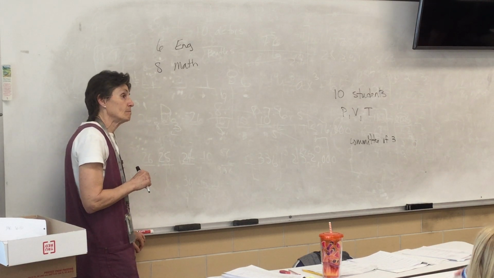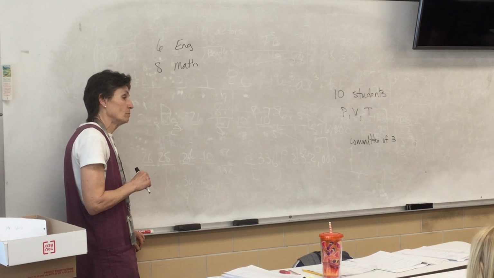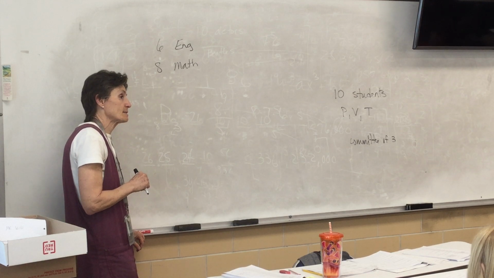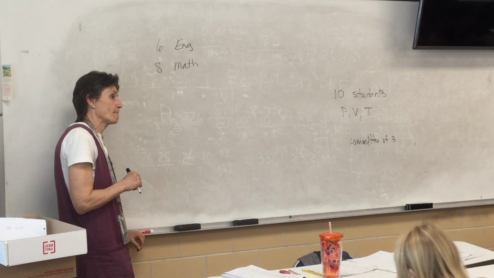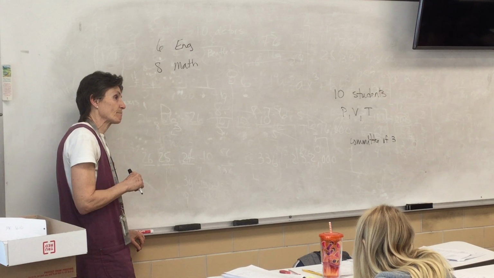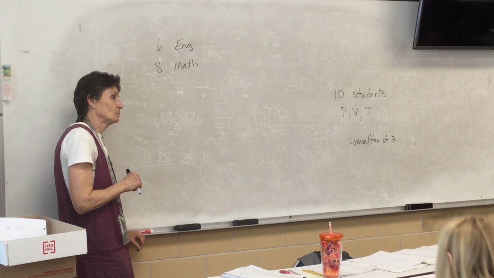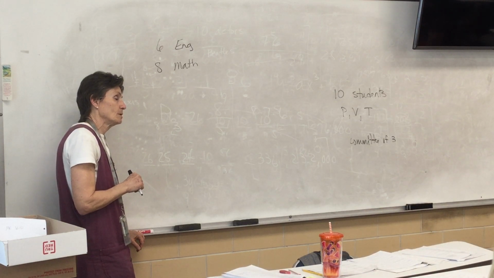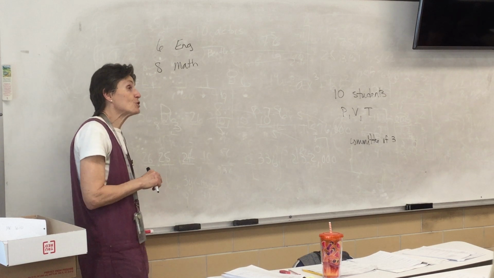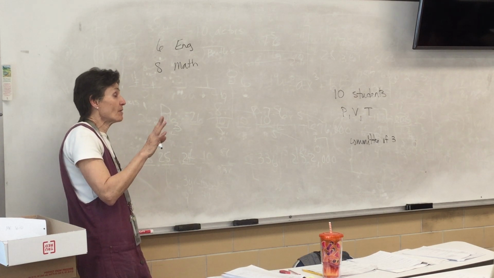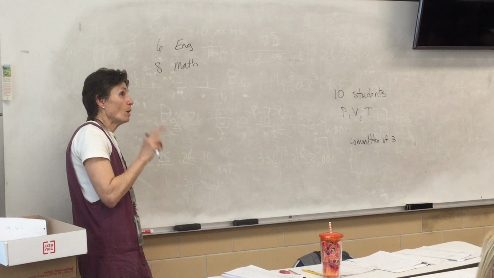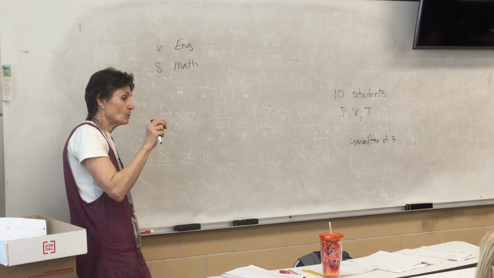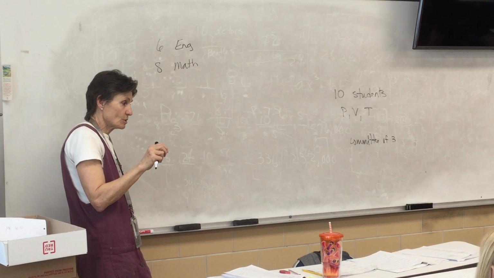Are they the same classes? The same math class? No, different math classes. Would you have to take out one math class and one English class and group them together? Well, that's what we're doing. We're choosing one math and one English. Oh, multiply them.